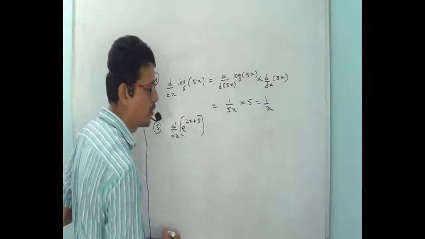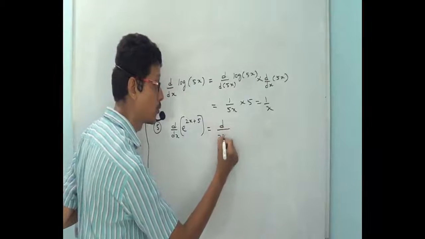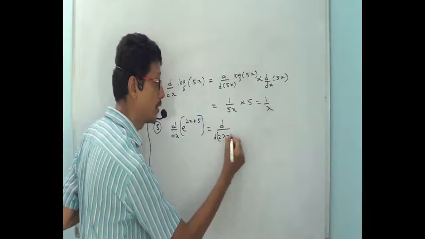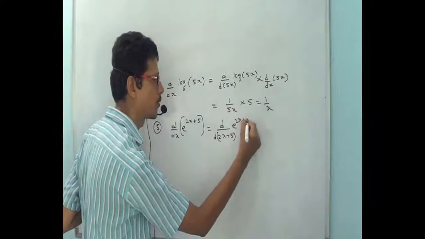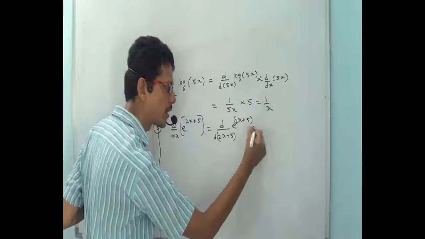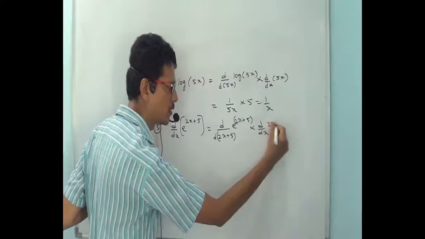Let us see how we can solve this. First we have to write like this: d by d(2x plus 5) of e power 2x plus 5, into d by dx of the inside function.